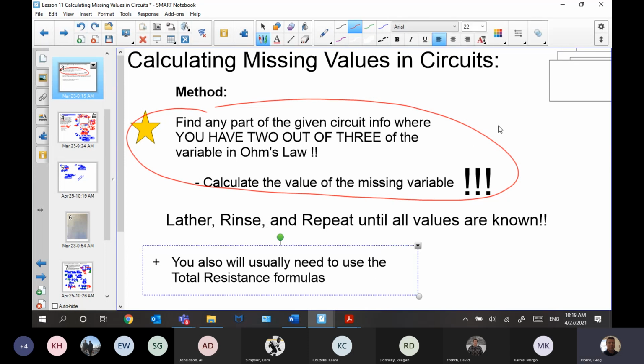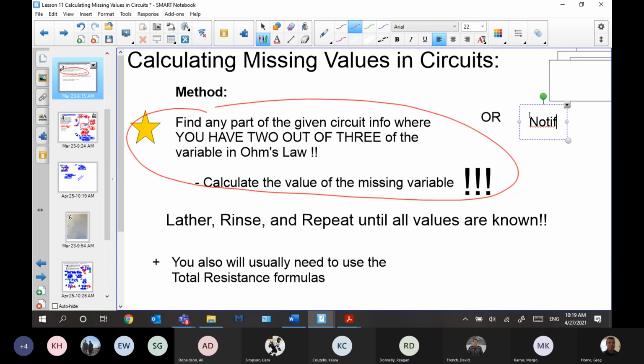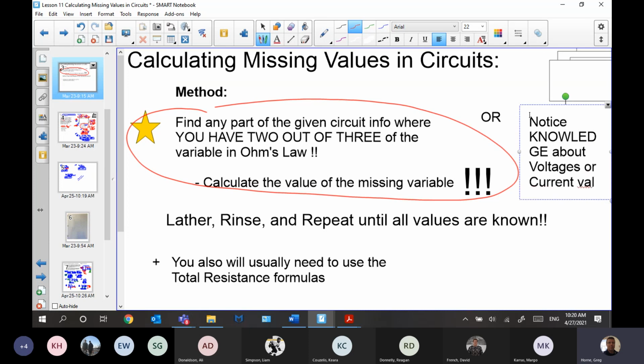I want to add an or: notice implied knowledge about voltages and/or currents, for example. Let me just shrink that down and so on.